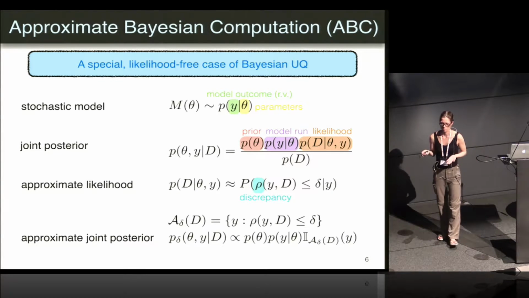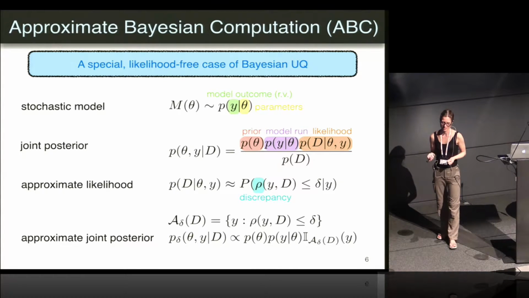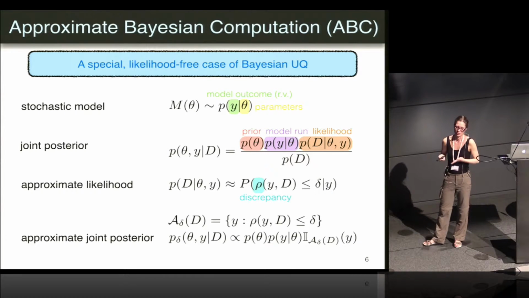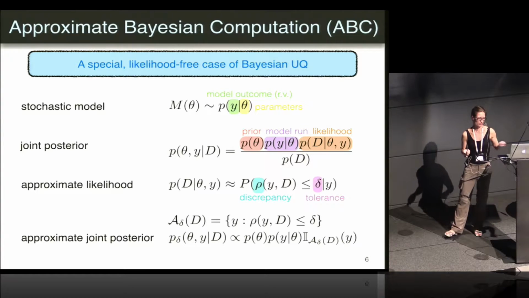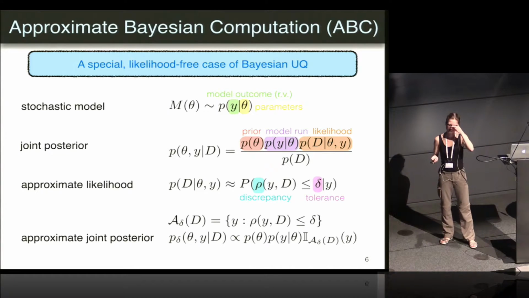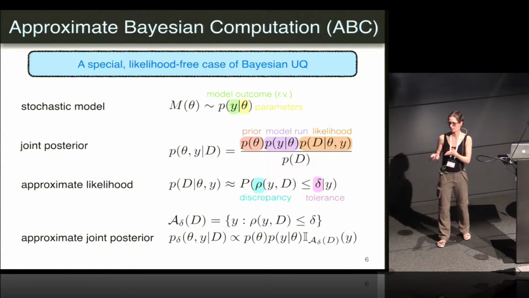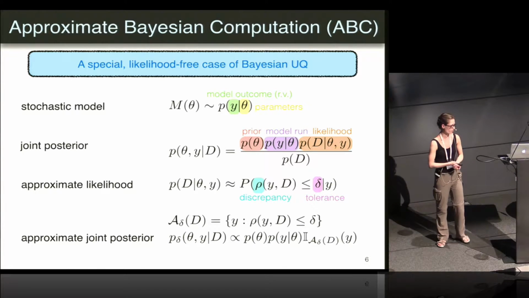It can be basically any function you like, but there is a limitation that it shows how close your outcome is to your data. So for example, if they are identical, we expect it to be 0. So the approximate likelihood says that it is the probability of getting an outcome which is delta close to our data with a chosen metric.